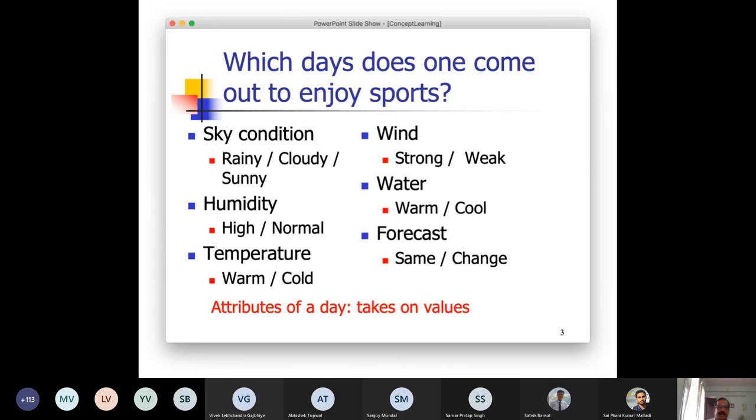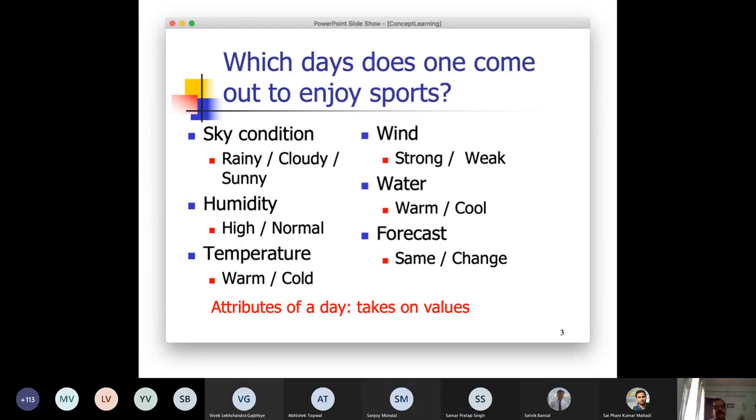Now, there are different attributes of the day that are your input to this particular task. Based on those attribute values, you have to predict whether the day is good for enjoying sports or not. These are certain attributes which I have shown you here in the list.